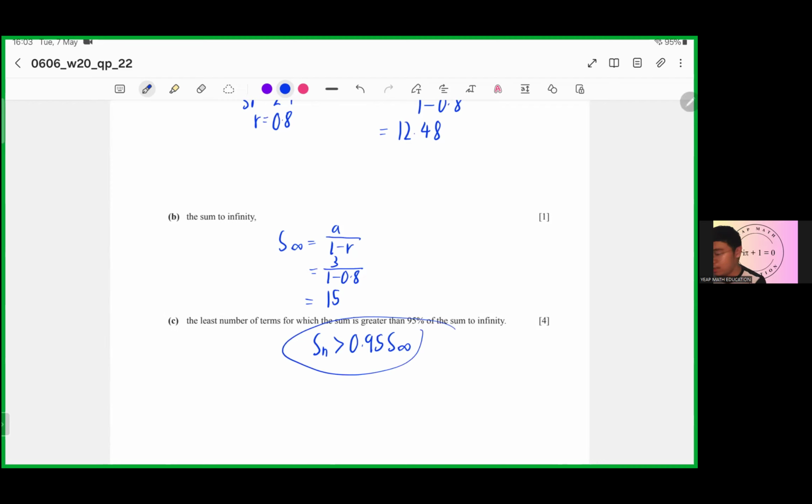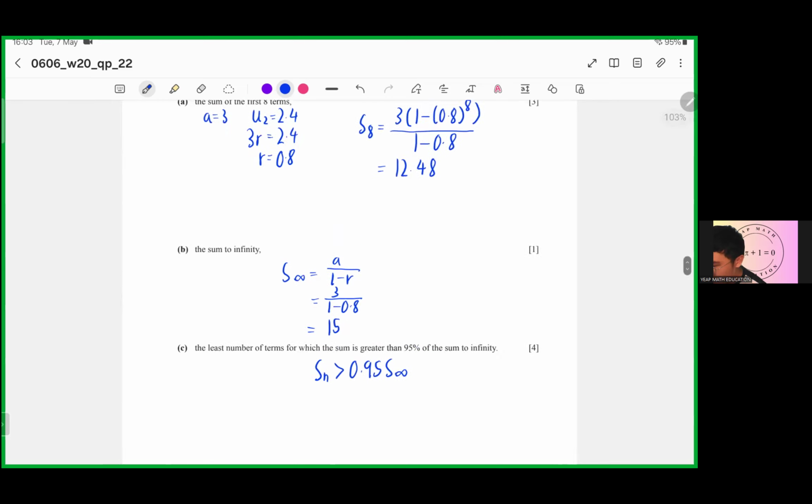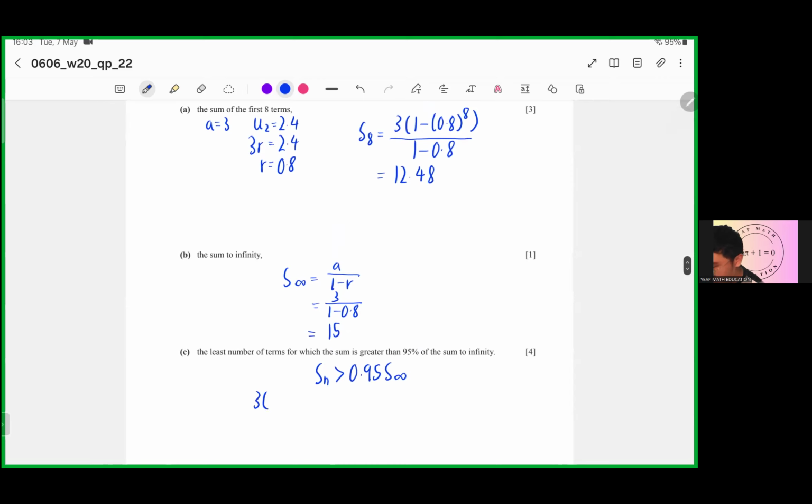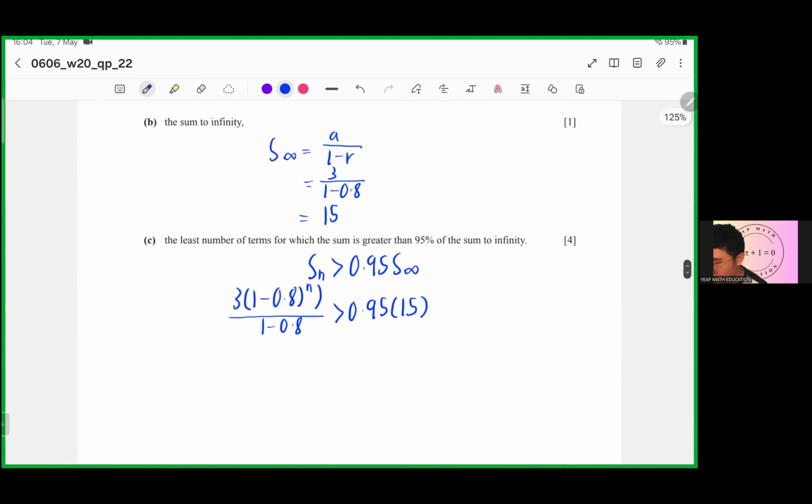First we need to write down 3 bracket 1 minus 0.8 to the n over 1 minus 0.8, greater than 0.95 times 15. Now we start step by step. 15, so 1 minus 0.8 to the n greater than 0.95 times 15.